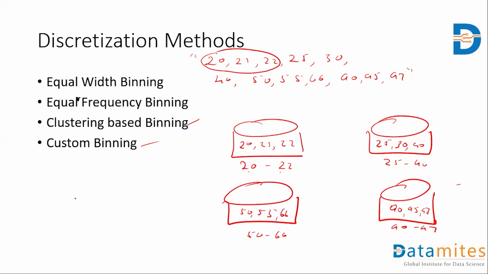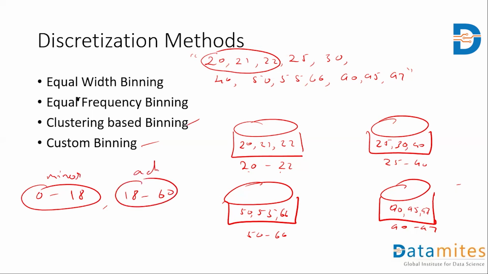For example, I can say that anyone who is 0 to 18 should be considered a minor, right? And then anyone between the age of 18 to 60 is an adult, and 60 and greater is a senior citizen, right? So in this case, the width of the bins is something that I have created customly, right? So that is also one of the methods.